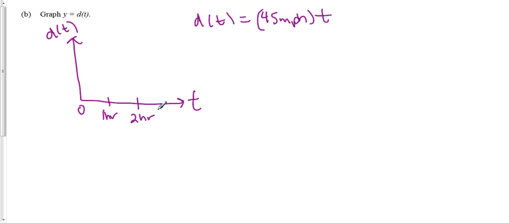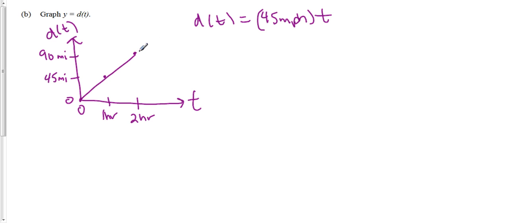And then my d of t values, again, started at 0, and I had 45 miles and 90 miles. And I'm just going to plot my points, and I've got 0, 0, I've got 1 hour and 45 miles, and I have 2 hours and 90 miles.